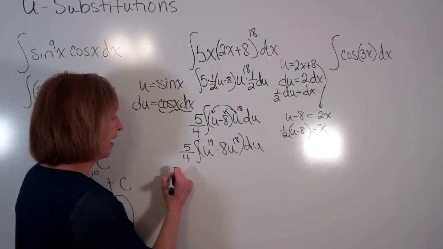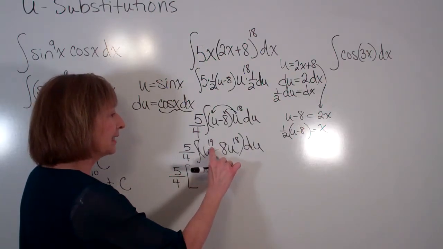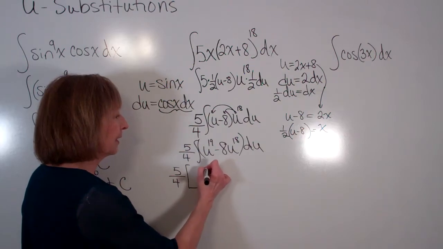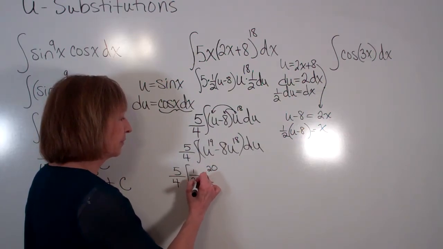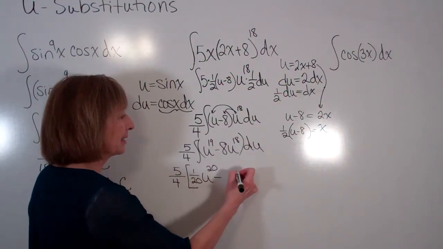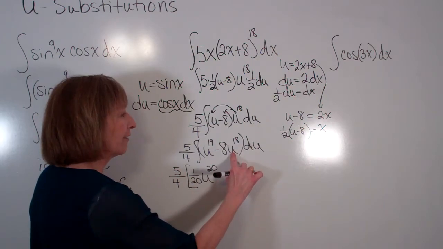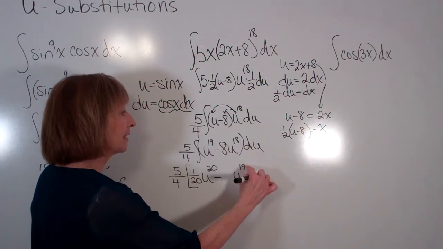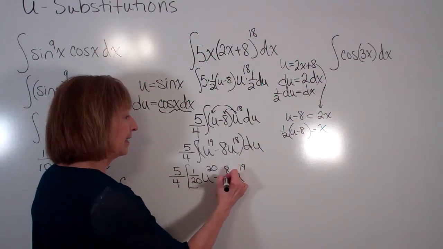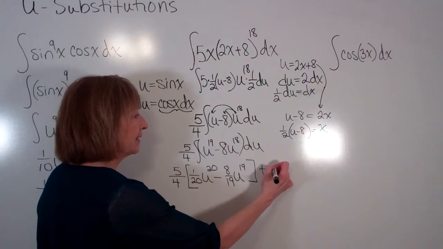So I'm going to have my 5/4 times, 19 plus 1 is 20, so I have u to the 20, and then dividing by 20 is like multiplying by 1 over 20. Then minus, I've got the 8, and then I'm going to have u to the 19, and then I'm going to divide by 19. So I have 8/19 u to the 19, and then plus c.